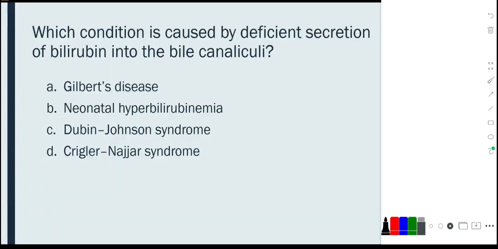Next, which condition is caused by deficient secretion of bilirubin into the bile canaliculi? A. Gilbert's disease, B. Neonatal hyperbilirubinemia, C. Dubin-Johnson syndrome, or letter D. Crigler-Najjar syndrome. So very obvious, deficient secretion would be letter C, your Dubin-Johnson syndrome. We have already discussed the problem with Gilbert's disease and Crigler-Najjar syndrome.